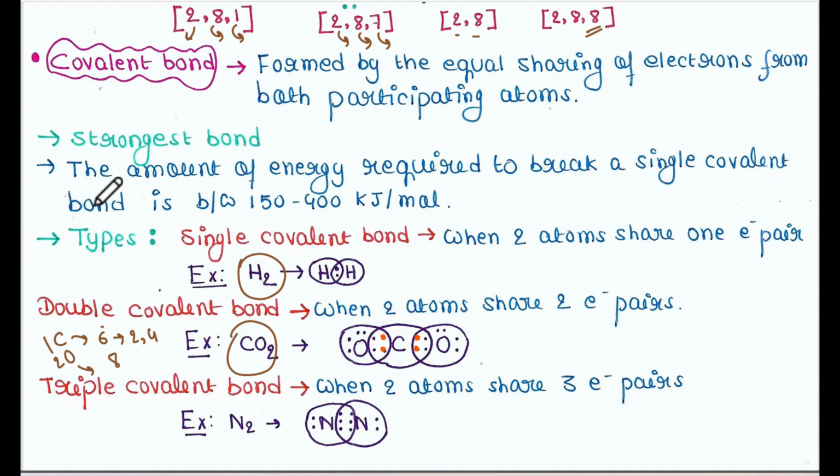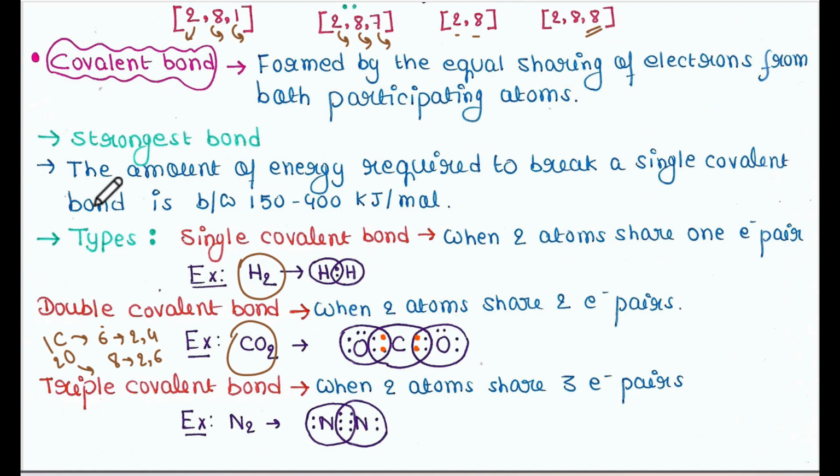And oxygen has 8 electrons. That means the first shell of oxygen atom will have 2 electrons and second shell of oxygen will have 6 electrons. So here in this oxygen, the second shell contains 6 electrons, 1, 2, 3, 4, 5, 6. Just like that, another oxygen atom will have 6 electrons in the second shell.